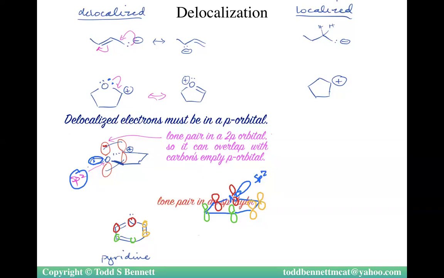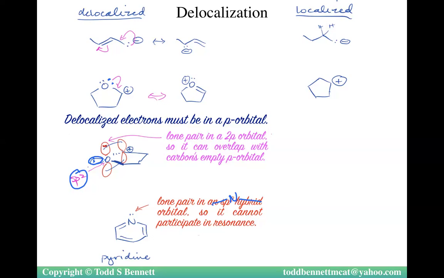So that one has to be in a hybrid. Let me get rid of what I've drawn right in the way. Okay, so there we go. Now it's complete. So the lone pair is in an sp2 hybrid orbital, so it cannot participate in resonance because you already have a p orbital.